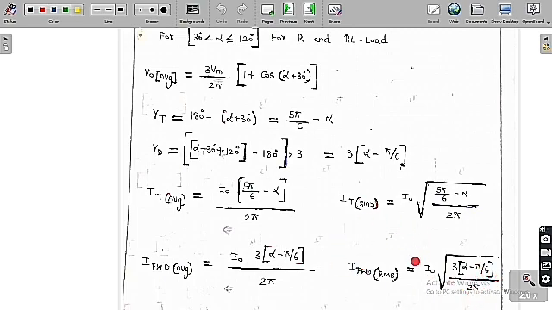So these are the average value of thyristor current, the average value of the freewheeling diode current, the RMS value of thyristor current, and the RMS value of the freewheeling diode current. These are some of the important expressions which are regularly asked in the examination.